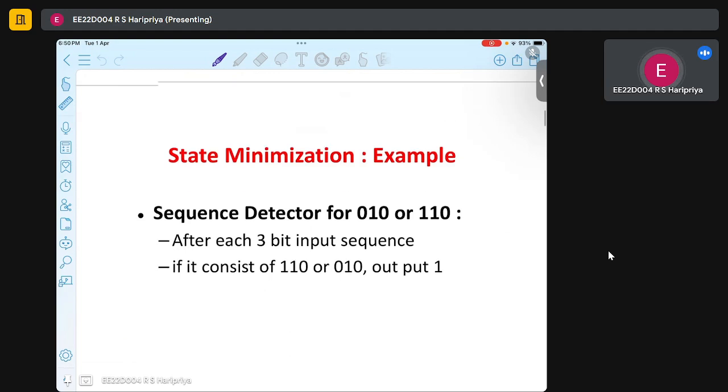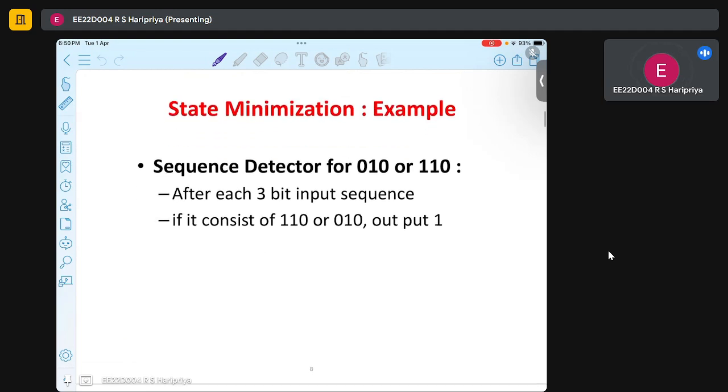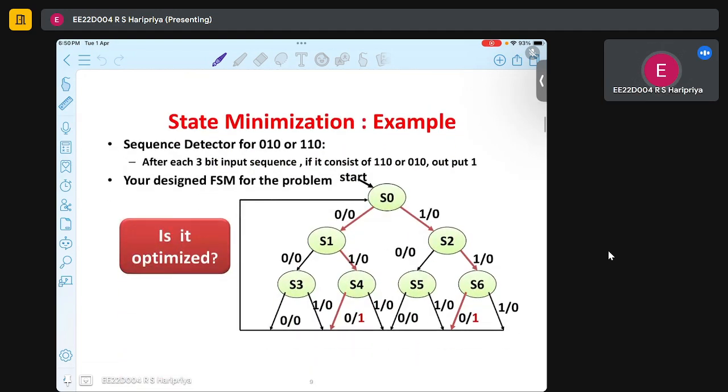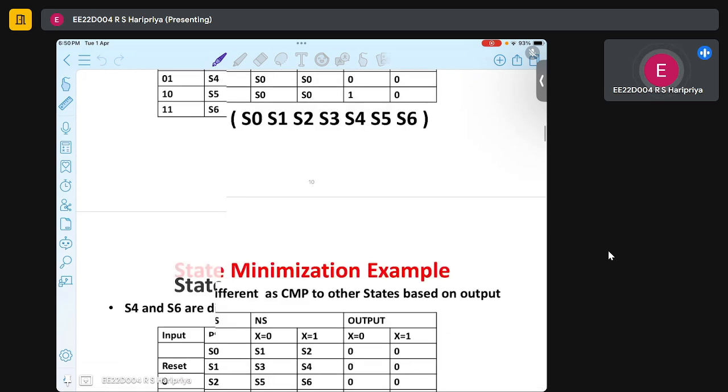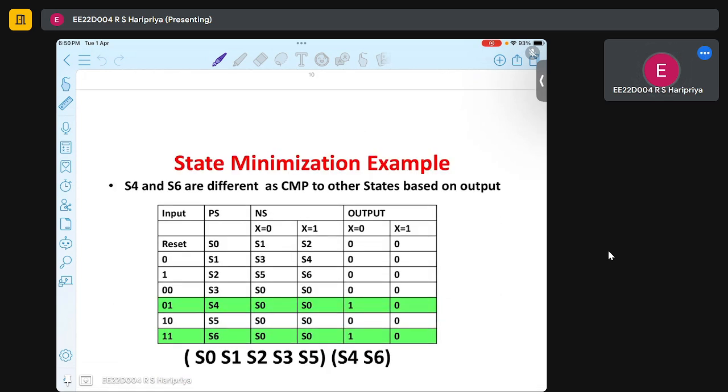Row matching method. Say this is the state diagram and the state table, and now we want to minimize this. The first step for minimization is, for a particular present state, if the next state is the same and the output is the same, that means these two are equivalent. So S4 is equivalent to S6.